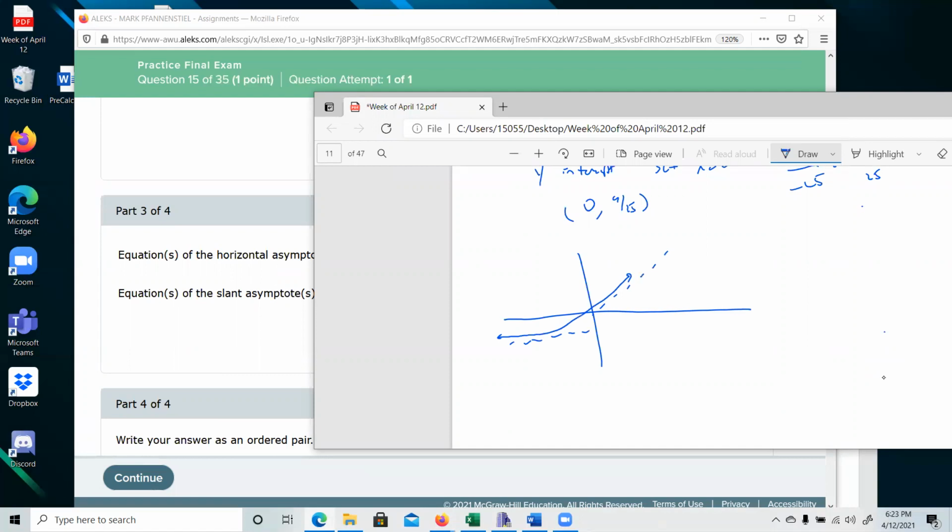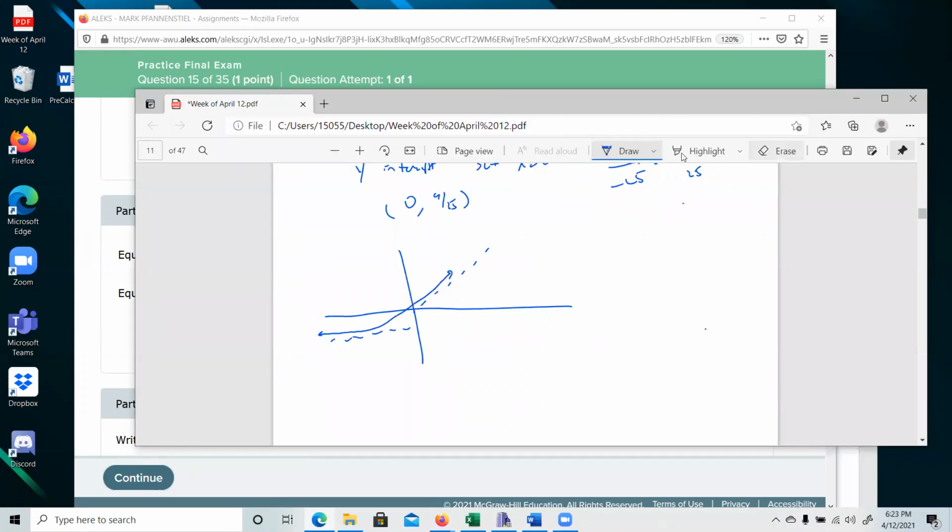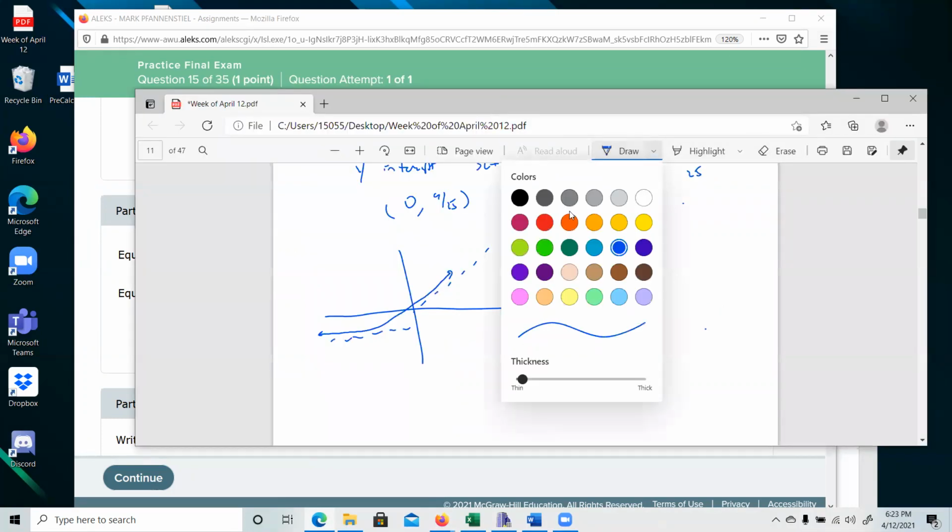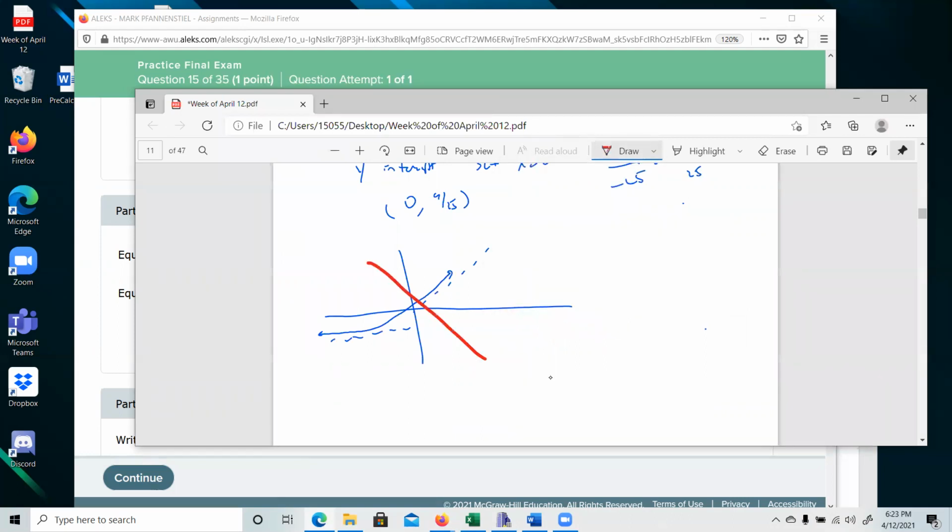Not going to see it in this class. So if you're looking at this thinking, that could happen, well, it could, but we're not doing that.